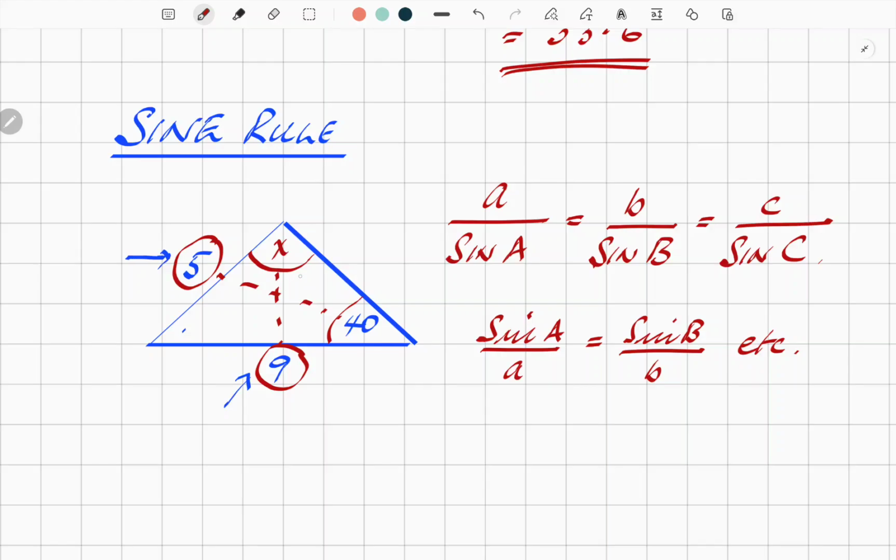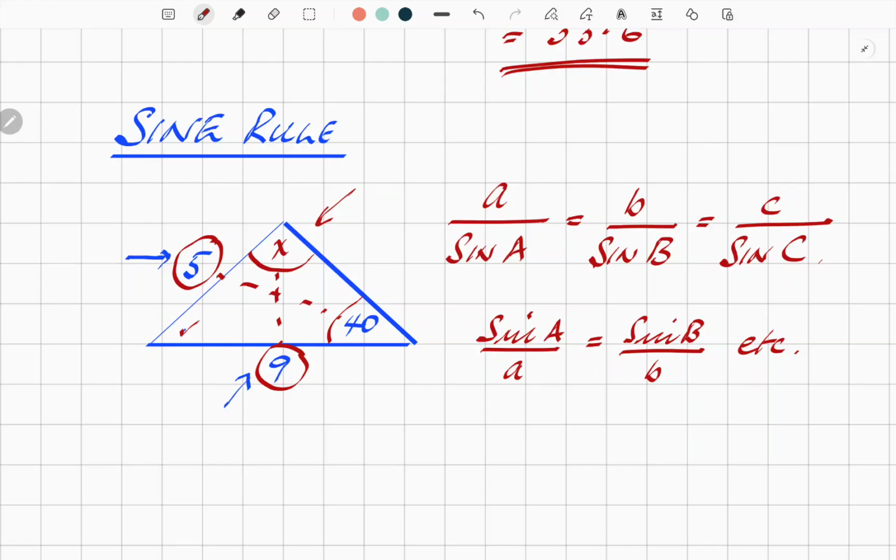The beauty of this is, in this particular example, if I find x, then I know what x is, I know what 40 is, and then I can easily find the third angle. So by default, I know the third angle. Does that make sense?